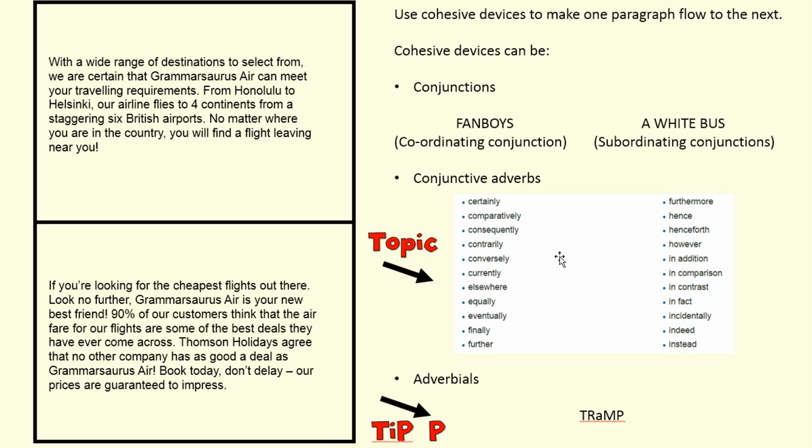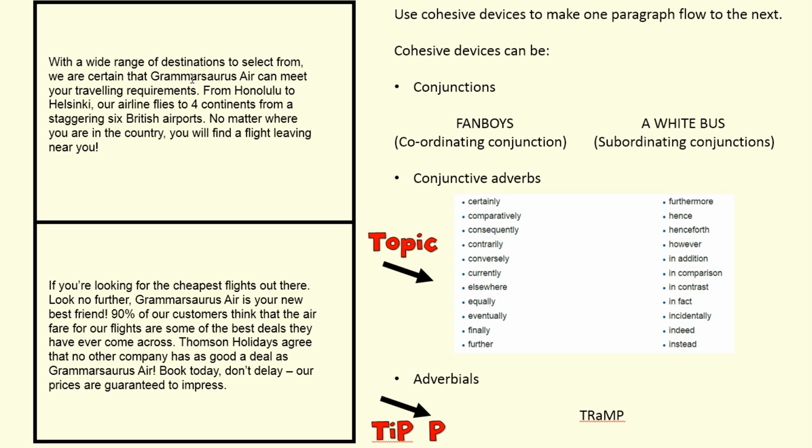Now, there are a huge amount of these that you can choose from. I'm going to make a resource with the best ones on so you can use them. Usually these are used for topics because they're more formal and you wouldn't put them in a story usually, but that can be in a story as well. But for this one, I'm going to use one of these conjunctive adverbs.